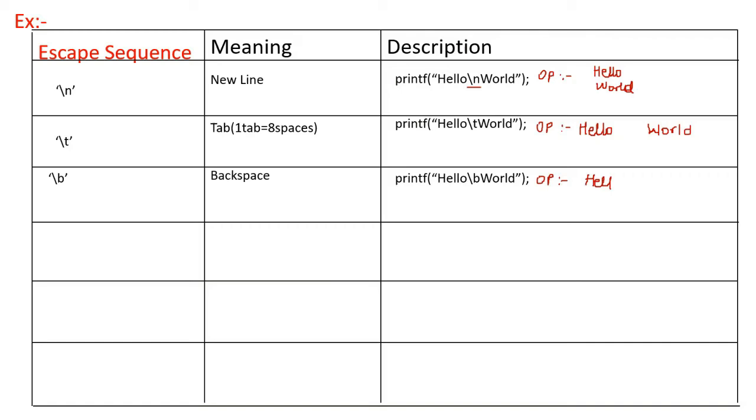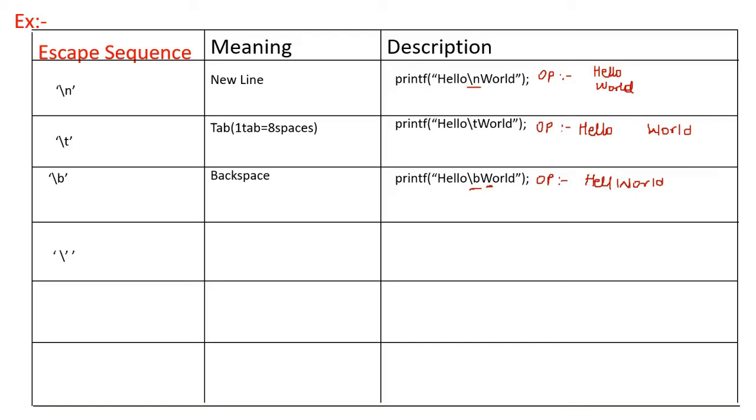It will not print O because instead of O it will print W. The escape sequence character is slash b, so it will move the cursor one space backward and print the next character, that is W. That is, it will omit the O. Instead of O it will print W. Therefore our output will be hell world.